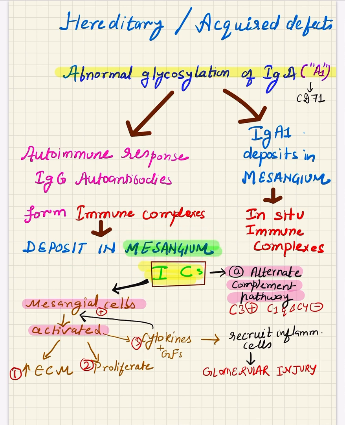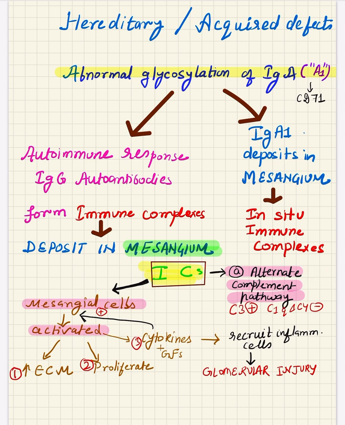Ultimately they get deposited in the mesangium. After they get deposited, they cause the activation of the mesangial cells, which will cause increased synthesis of extracellular matrix. These cells will proliferate, and they will also secrete cytokines and various growth factors, and there will be activation of the alternate complement pathway because of these immune complexes.